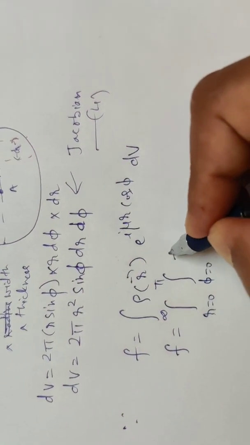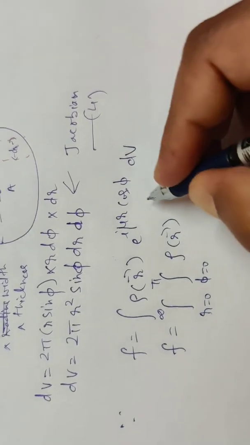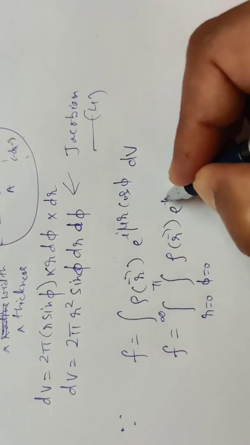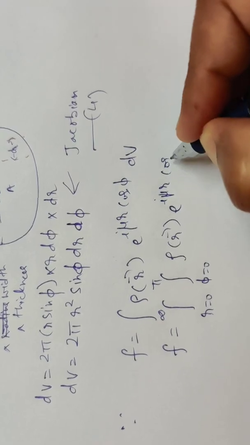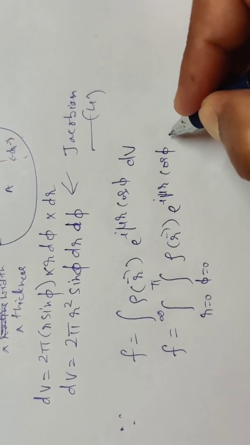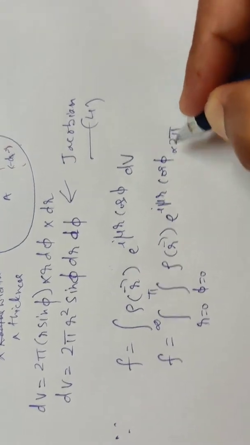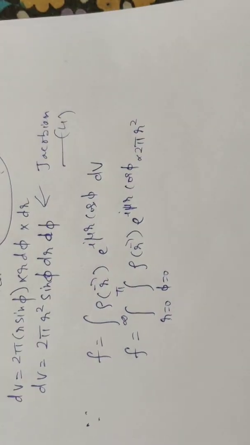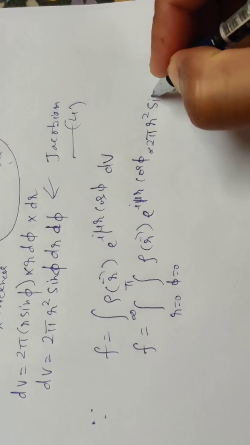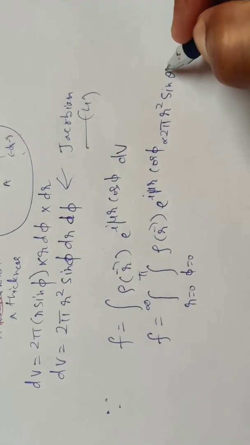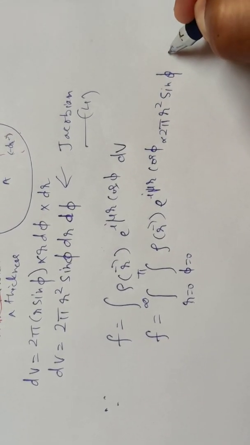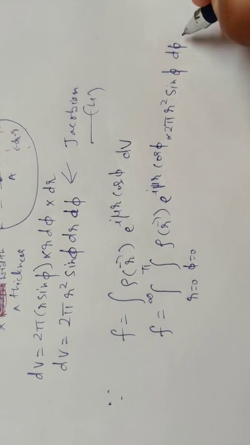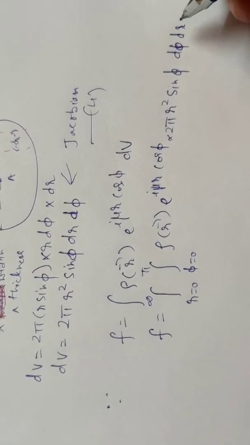So this will be rho r into e raised to iota mu r cos phi, into 2 pi r square sin phi d phi dr.